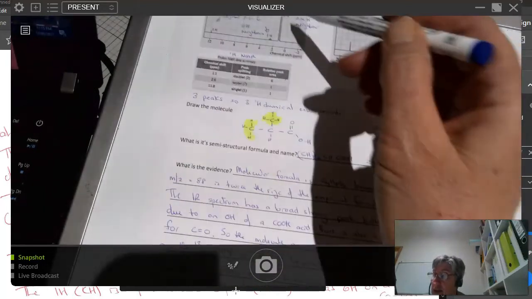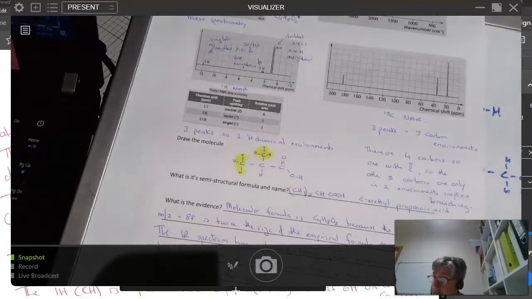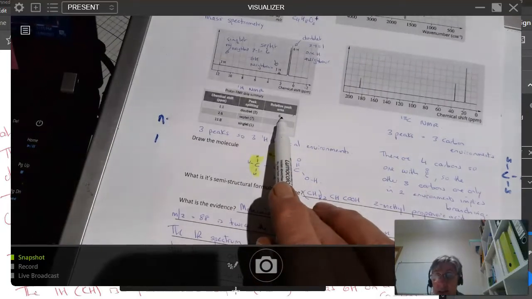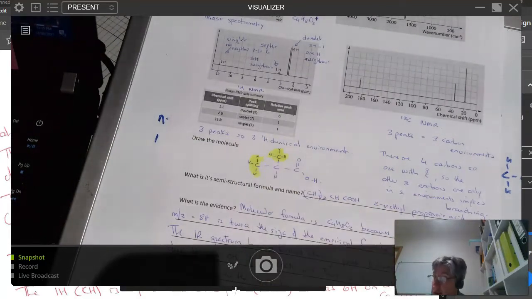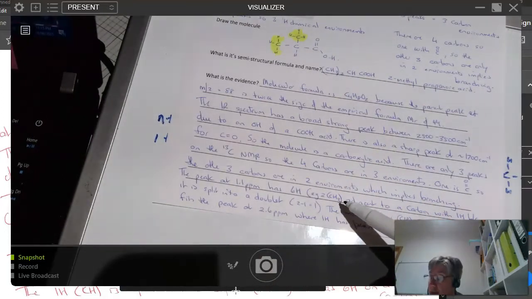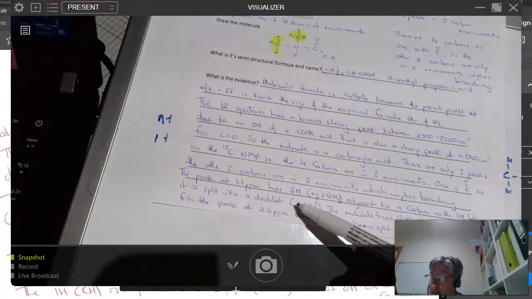So how many hydrogens are in that environment? There's 6. That's the whole area. And it's on here too, it helps you. Relative peak area, 6. Due to 6 hydrogens, 2 lots of CH3s. And it's adjacent to a carbon with 1 hydrogen because it's split into a doublet.